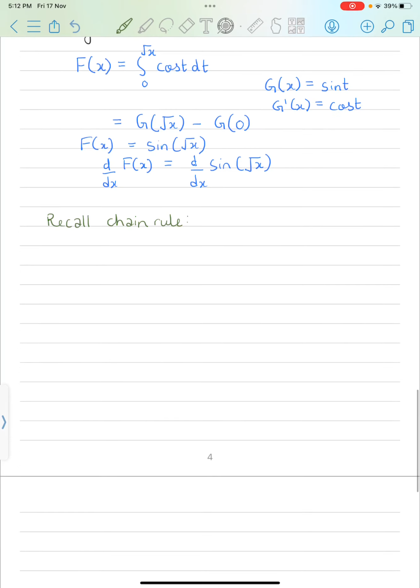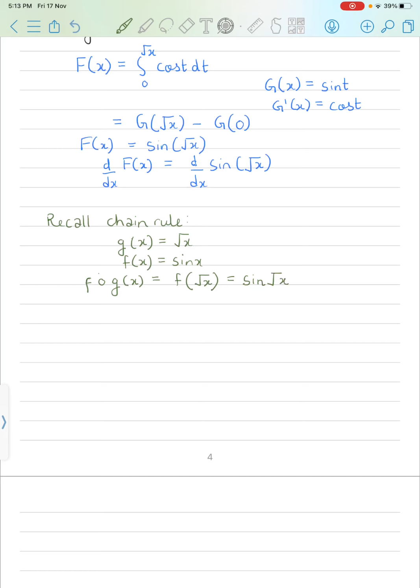Take g of x to be root x and f of x to be sin x, then the composition f of g of x will be f of root x, which is sine root x.